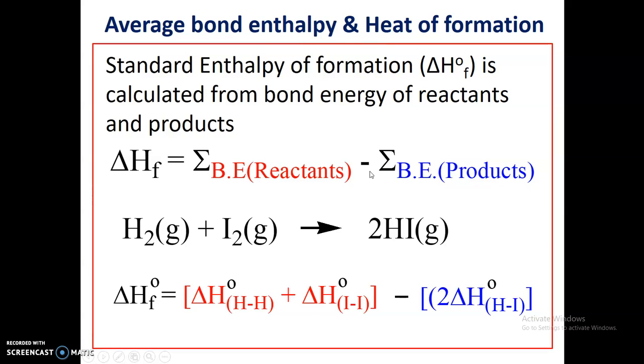And from this relation we can find out the enthalpy of formation of a particular reaction. In the next video we will solve some examples on this point, that is calculation of heat of formation.